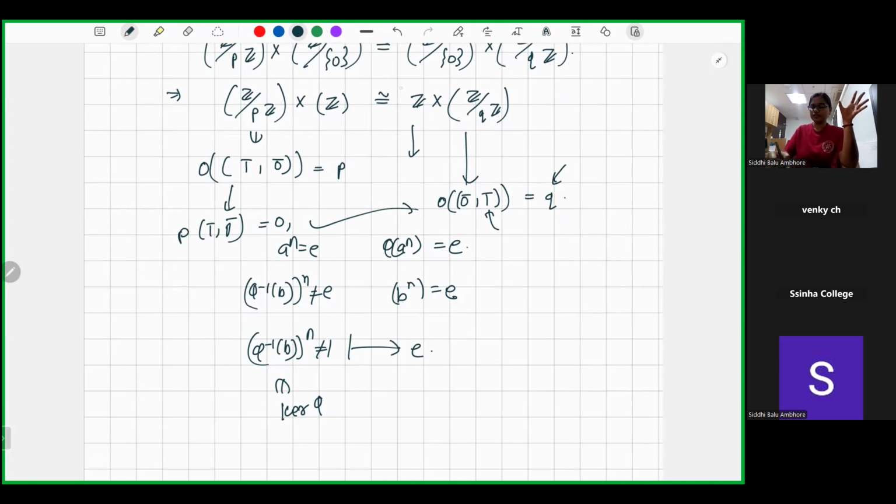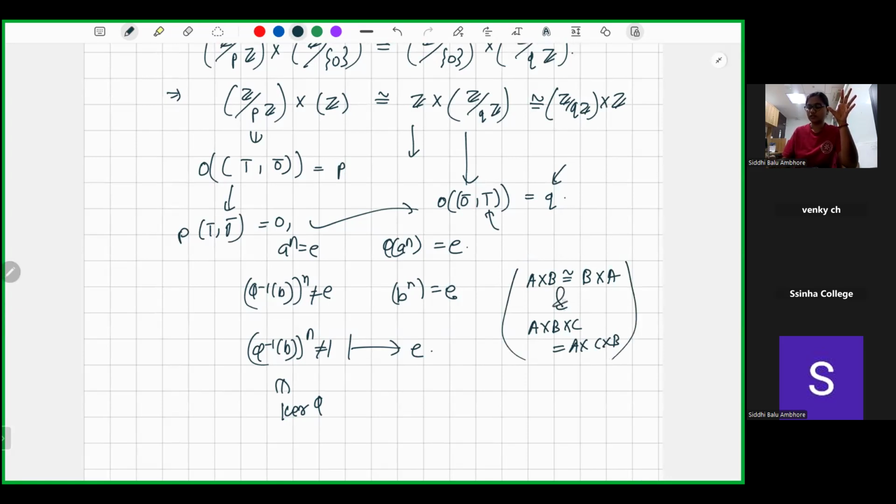And if this is difficult to understand, this is anyway isomorphic to Z mod QZ cross Z. This we proved last time, if you remember, and we also proved this for this one, and so on, all three combinations.